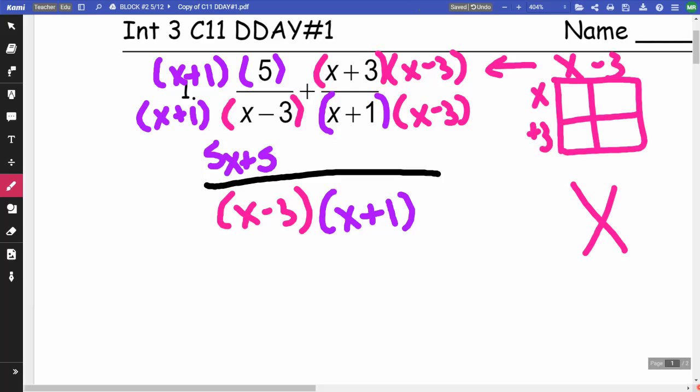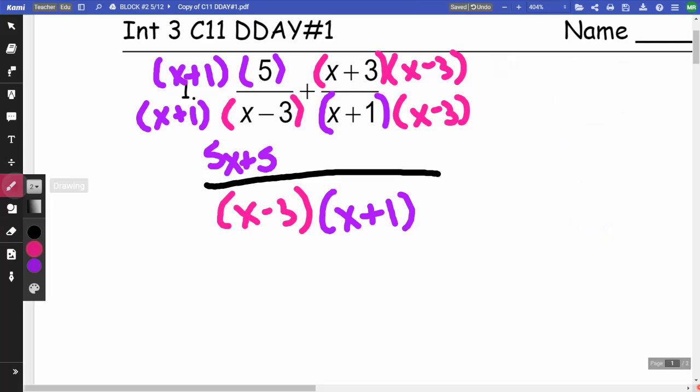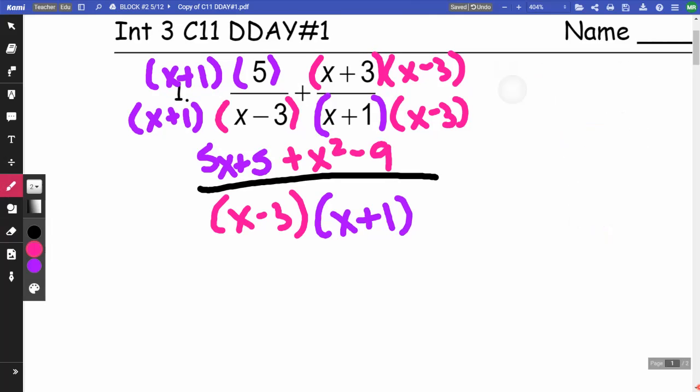You can do a diamond and put -3 and 3 and work it out. But hopefully you recognize it as a difference of 2 squares. And so again, it is a difference of 2 squares. And so if I was to multiply x plus 3 times x minus 3, I am going to get x squared minus 9. But again, you can use the box or you can use the diamond.